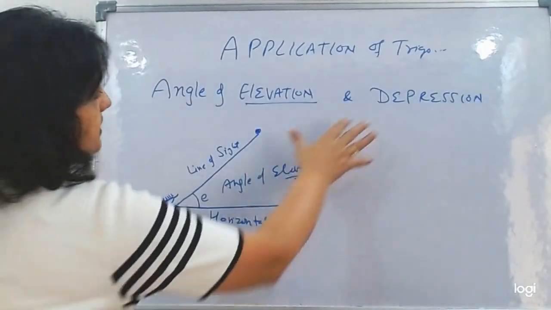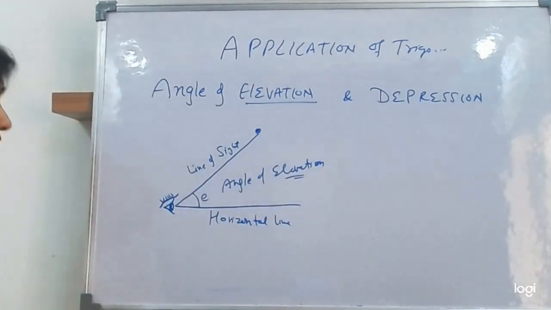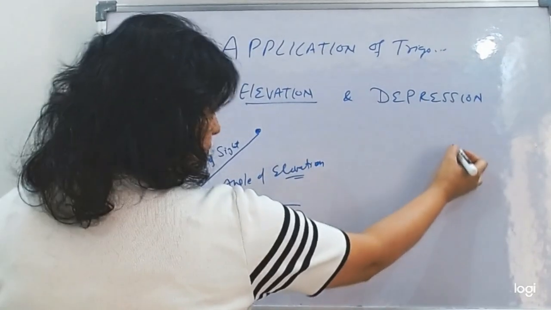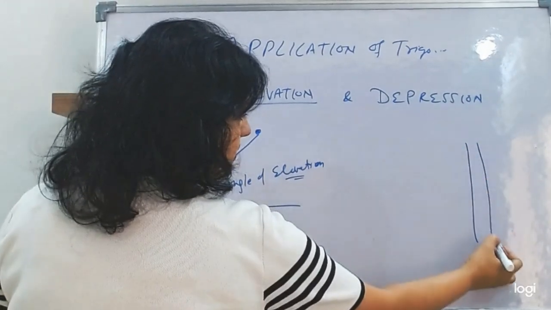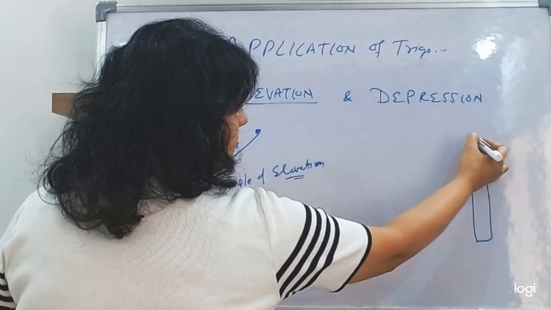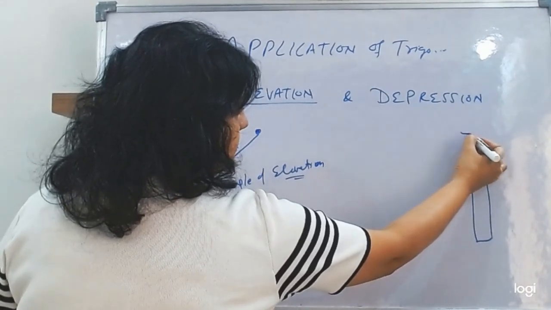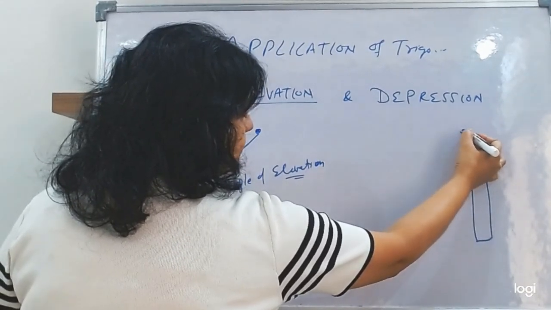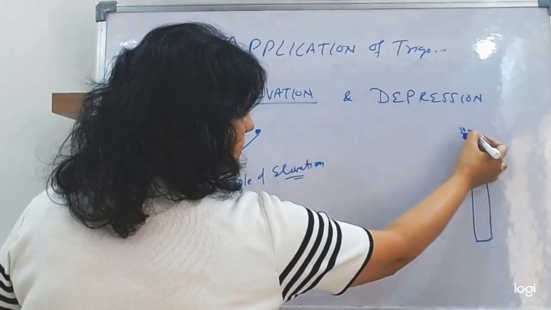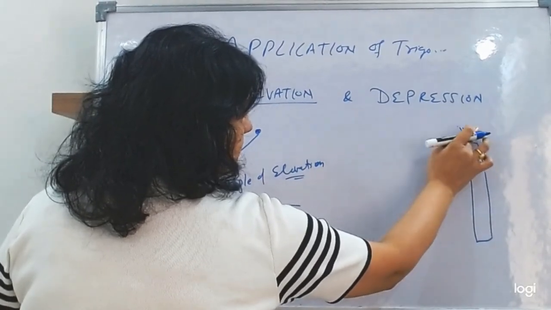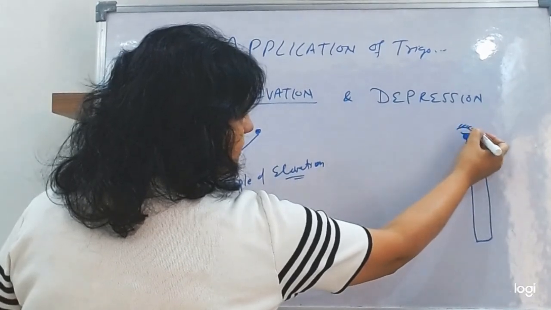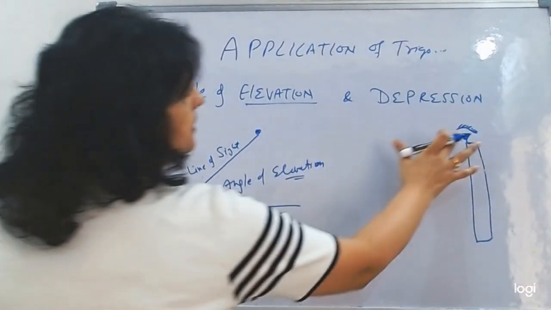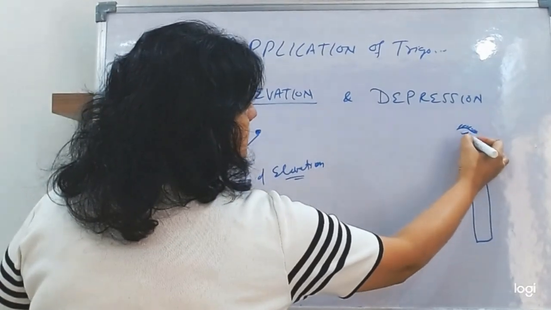Now see what is the angle of depression. Suppose now someone is standing on some height. Let's say someone is in a balcony, on the 10th floor, 15th floor, means on some height.